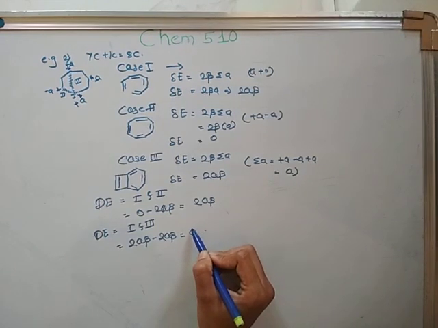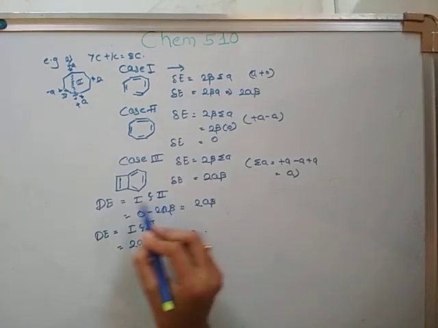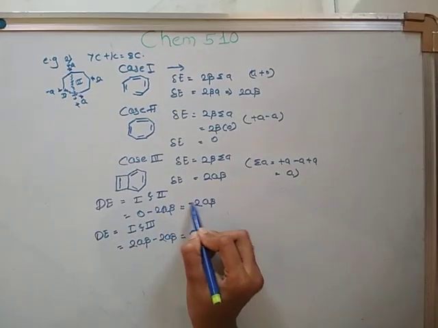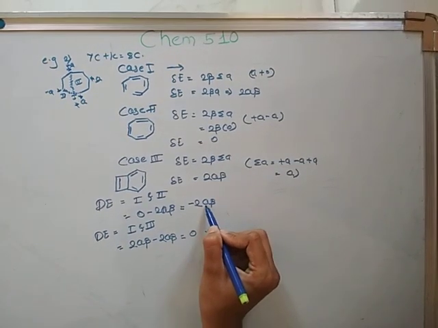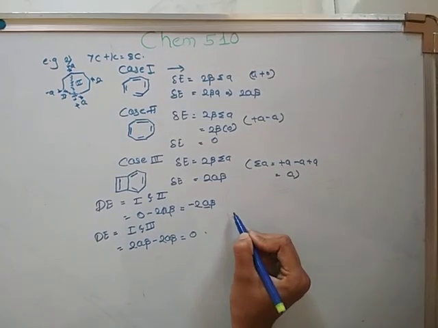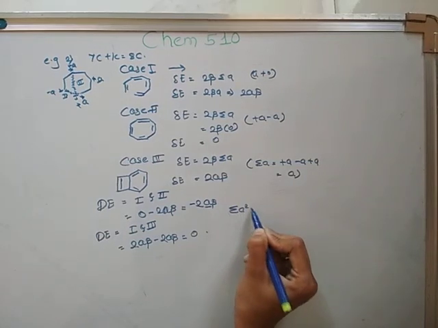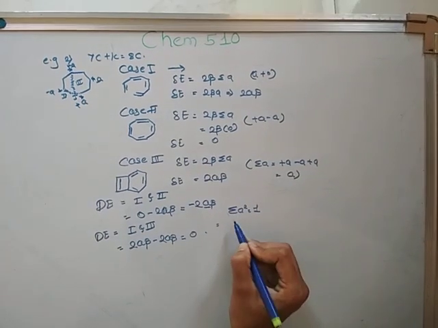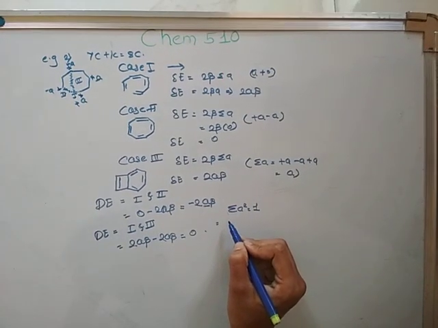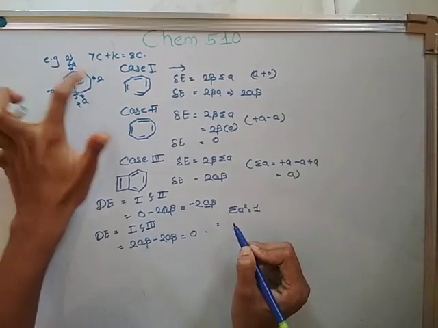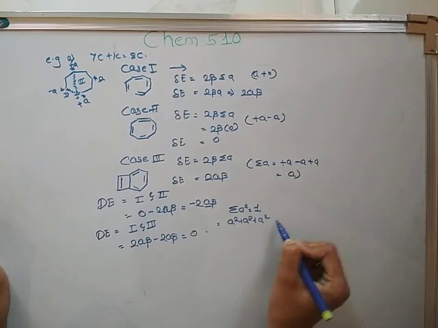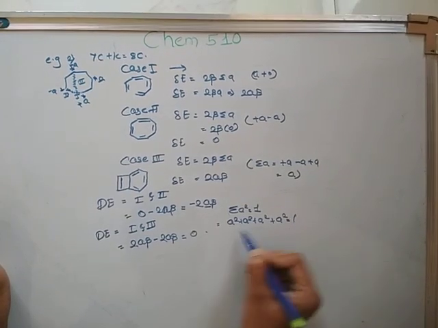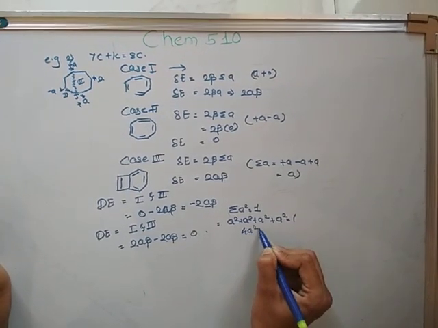Now what is here? Minus 2A beta, or here 0. So for this we have to calculate charge density. What is charge density? Summation of A square is equal to 1. So A square plus A square plus A square plus A square is equal to 1. So 4A square is equal to 1.